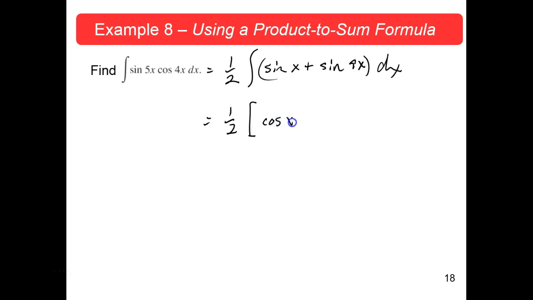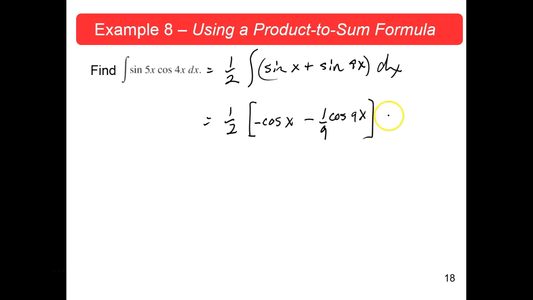Is that right? Next. Ask the question, change your sign. Next. Negative. Second, cosine 9x over 9. I was going to put the 1/9 here. It doesn't matter how you do it.